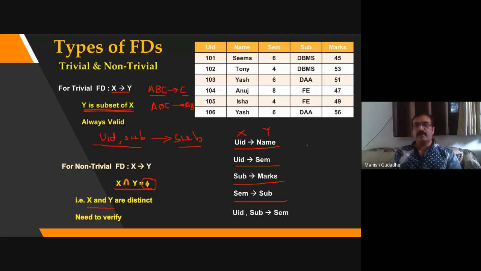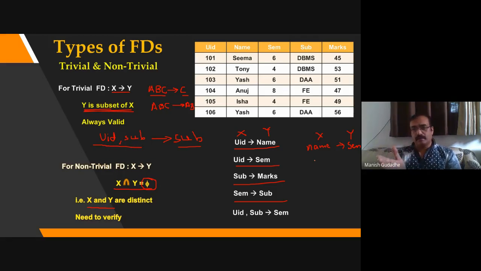Along with this, if I am saying that name determines subject, this FD may hold, but is it valid? It may hold because X is from the table, Y is from the table, and it can determine the value. But does it hold properly? No, because if Yash is learning in 6th semester, another Yash is also learning in 6th semester.